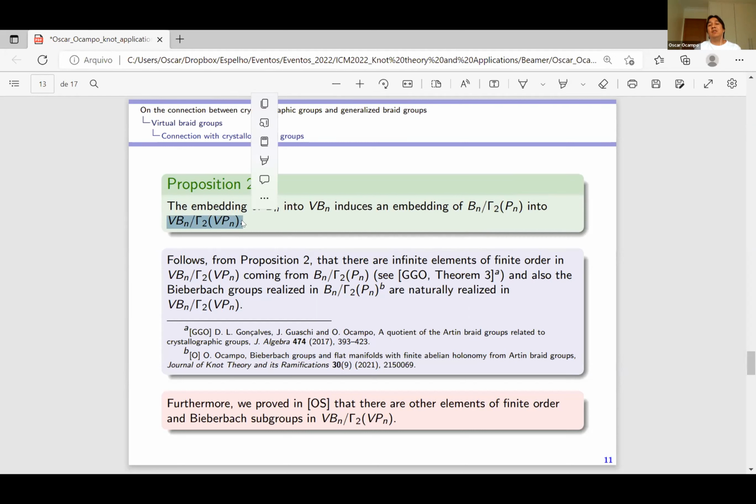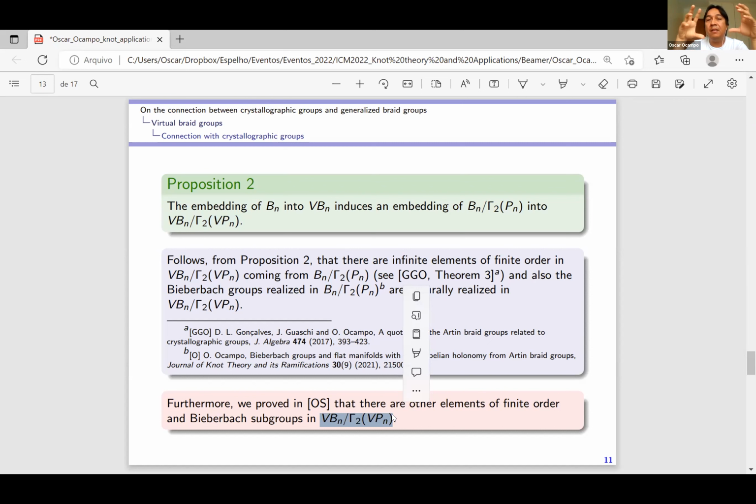But also in our work with Paulo, we also try to characterize finite order elements here, also conjugacy classes of these finite order elements, and also realize a lot of Bieberbach groups.